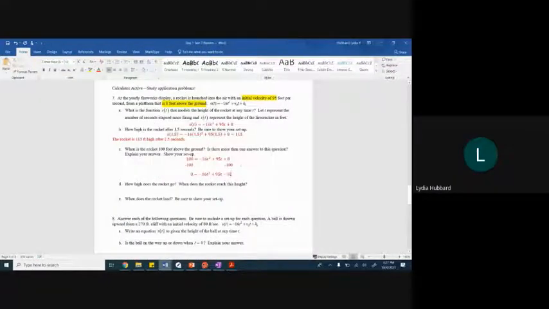So it says, when is the rocket 100 feet above the ground? Right? So we'll say the rocket is 100 feet above the ground at 1.22 seconds and 4.72 seconds.